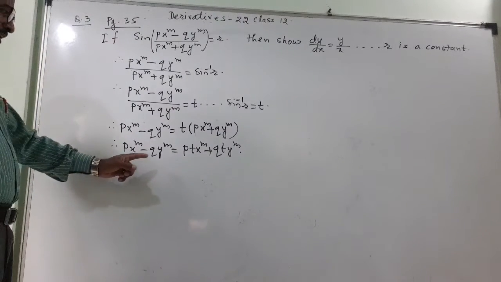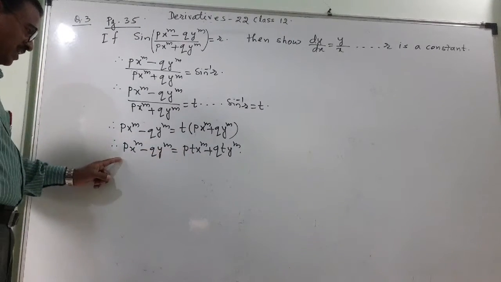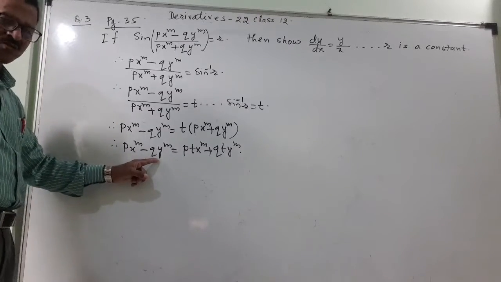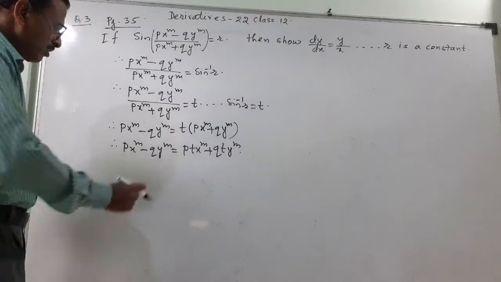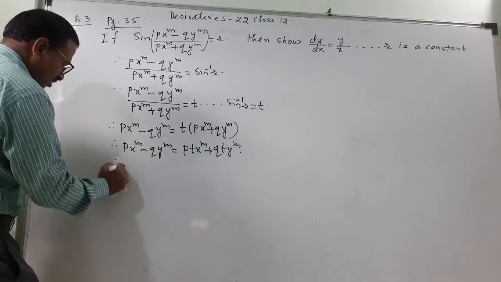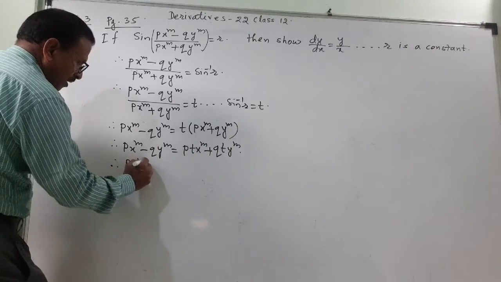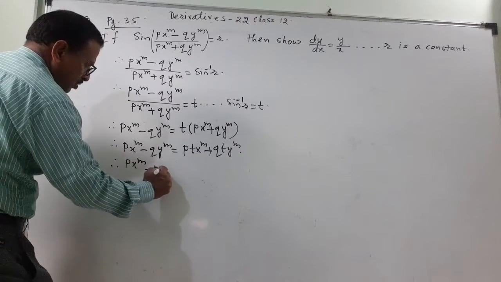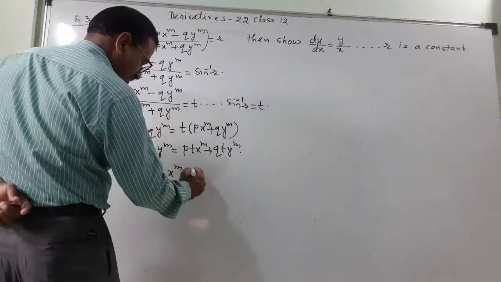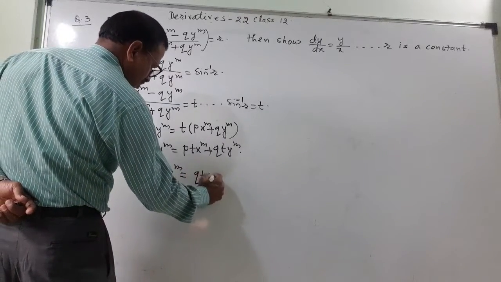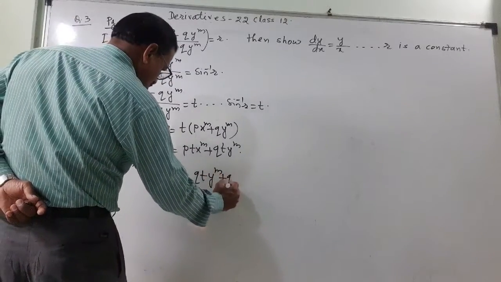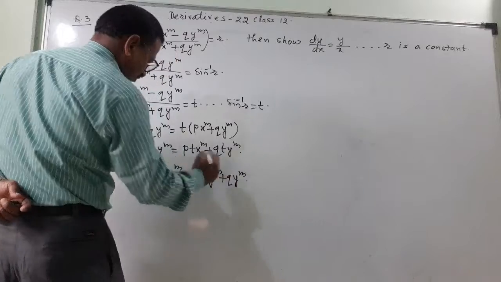Now, these x terms I will bring here, and the y terms I will take there. Therefore, p x^m − p t x^m is equal to q t y^m plus q y^m.